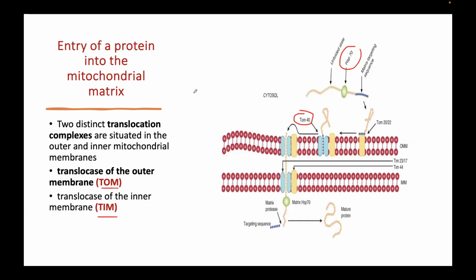The answer is no. That is why they need to be transported to the mitochondria. And these proteins will pass from the inner to the outer mitochondrial membrane. And that process is known as, fill in the blanks, the passage of a protein from the inner to the outer mitochondrial membrane. That is called translocation.